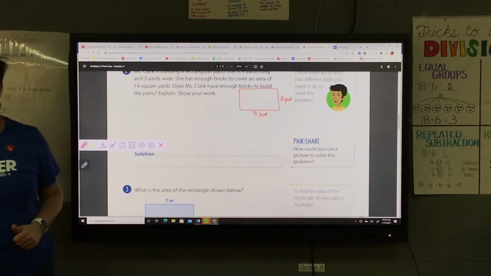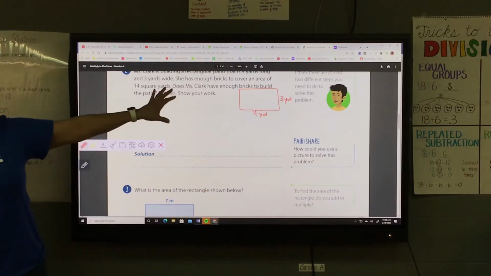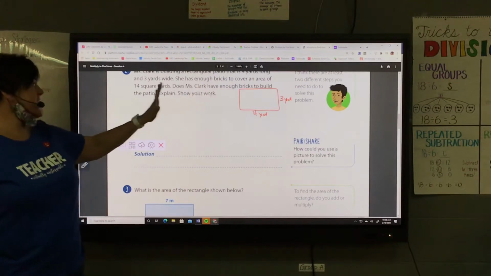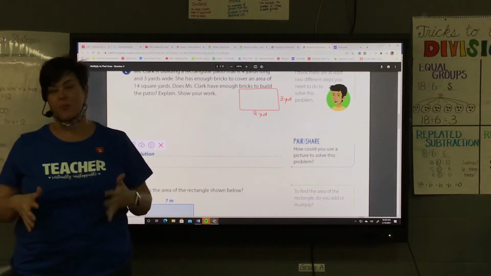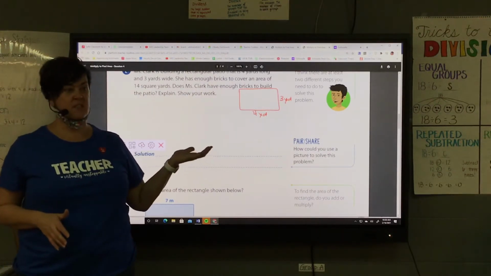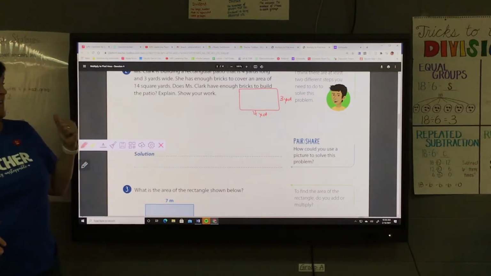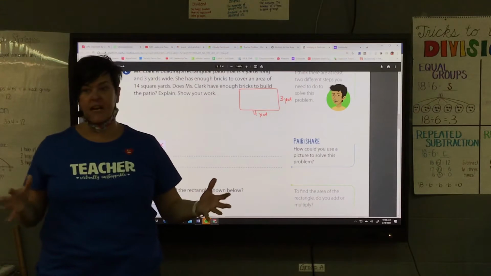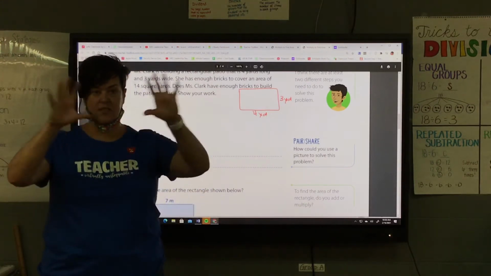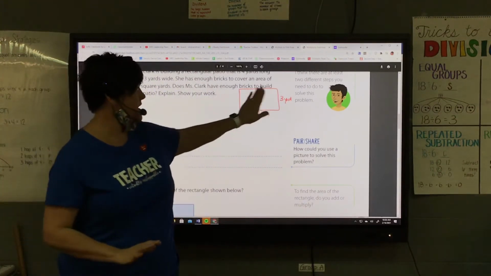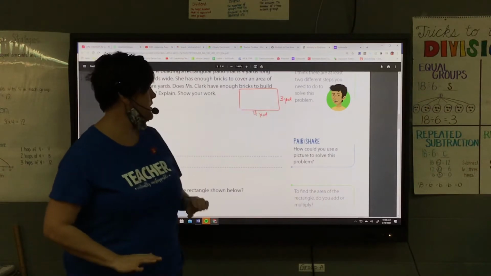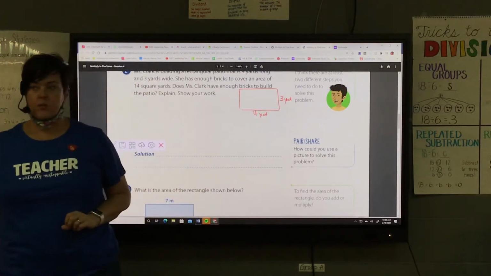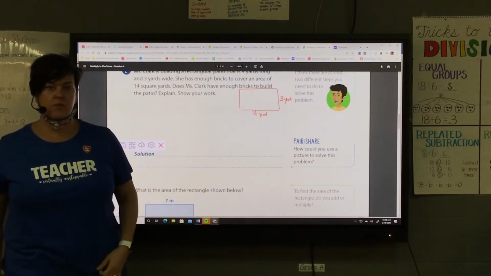Okay. So we're going to have to solve this to decide if she really does have enough bricks to be able to do it. How can I solve that to find the area? She needs to know if she has enough bricks to cover that whole patio. What am I going to do? Reese?